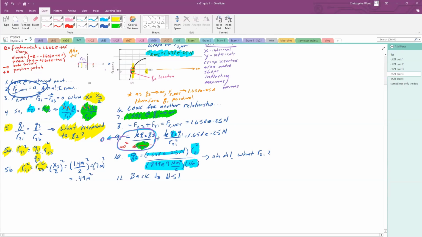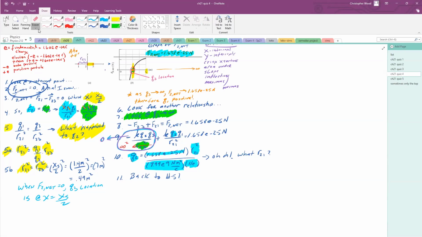And R23, again, is the distance between particle 2 and particle 3. I'm highlighting that right here. So let me just add that as a note. When the net force on 2 was equaling 0, X, which is the location of particle 3, I'll just say Q3 location, is at X equals XS over 2.